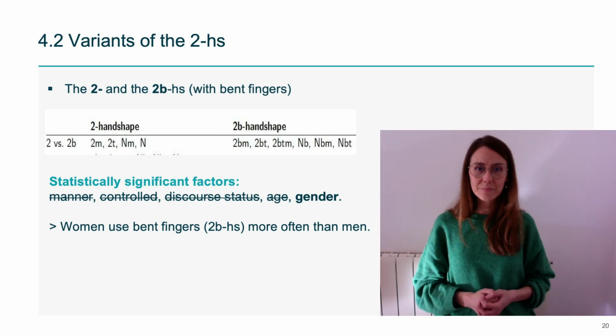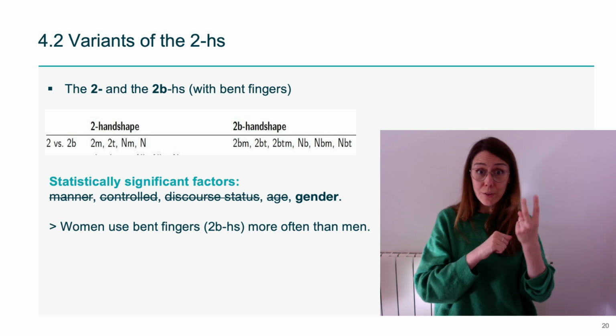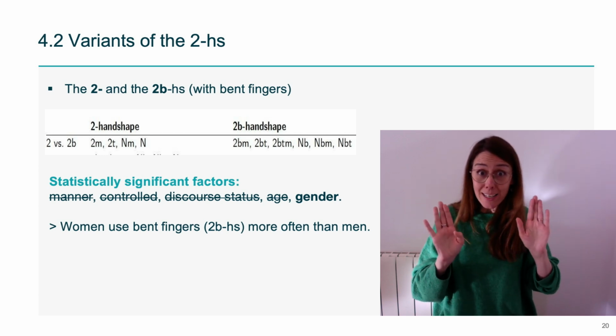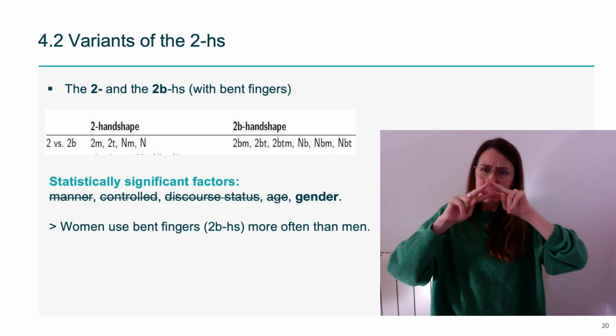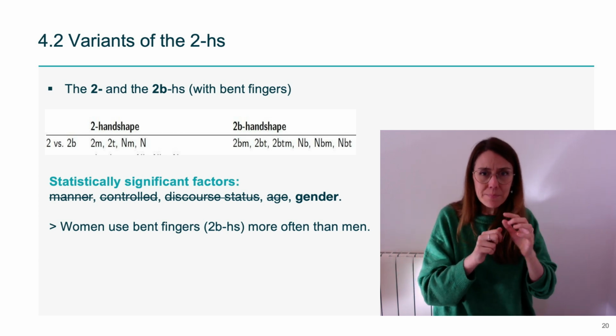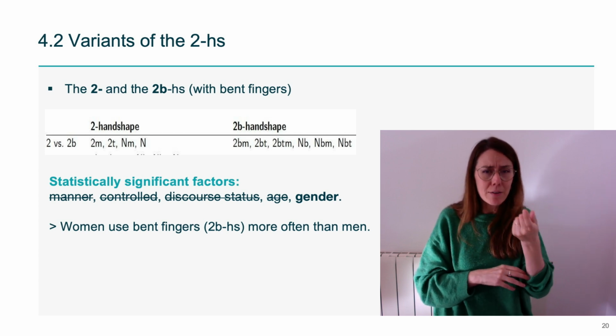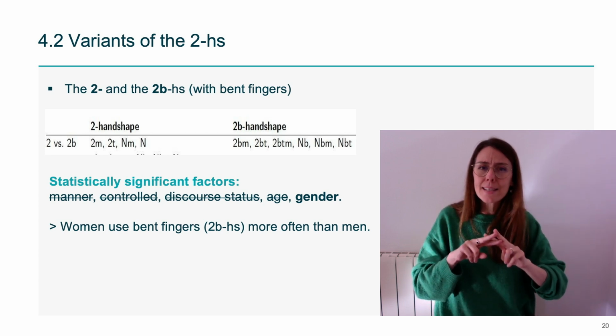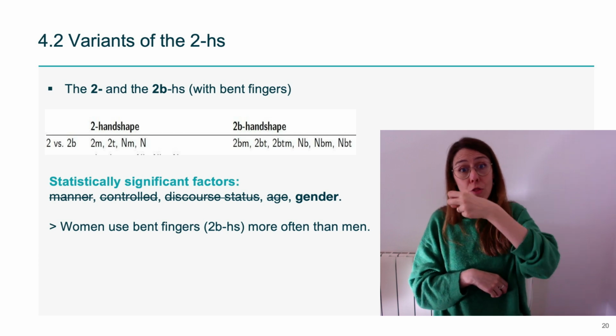So after looking at the factors that influence the choice of the one and the two hand shape, we focus only on the factors that influence the use of the variants of the two hand shape. So we first looked at the two hand shape in comparison to the two hand shape with bent fingers.